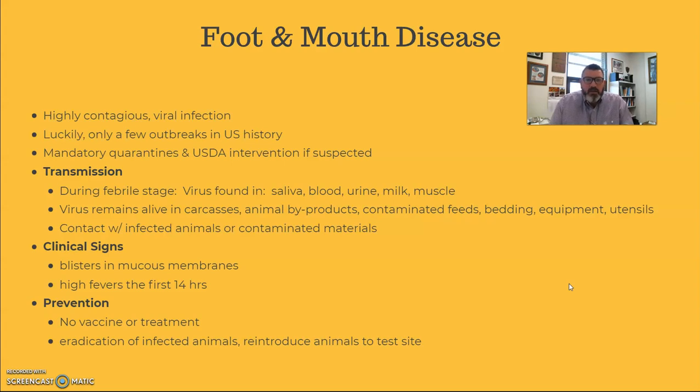So think about huge, very sore blisters developing inside your mouth. That's what happens to pigs. And they'll have extremely high fevers within the first 14 hours. I'm talking about up into that 106 or 107 degree temperature range, which of course now starts to affect brain function. There's no vaccine or treatment, so eradication of the infected animals is required.